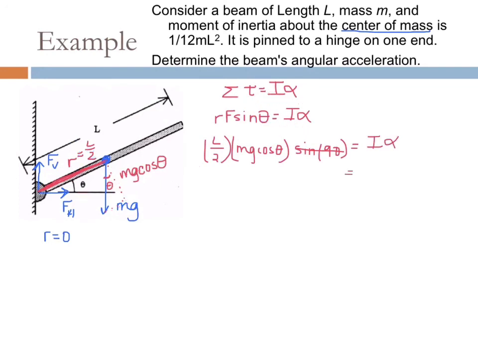But the problem is, before we do that, is this moment of inertia. Now we know that a moment of inertia is mr squared, where r is a distance away from your axis of rotation. But the problem is that the moment of inertia that we're given is about the center of mass. But we're not rotating about the center of mass. We're rotating about one end.